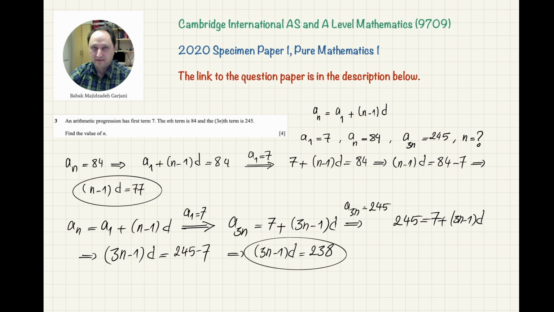Okay, now I have two equations and two unknowns, d and n. In principle, I should be able to solve that. So I would set up a system of equations: n minus 1 times d is equal to 77, and 3n minus 1 times d is equal to 238.